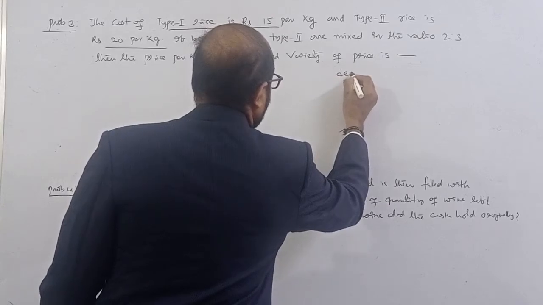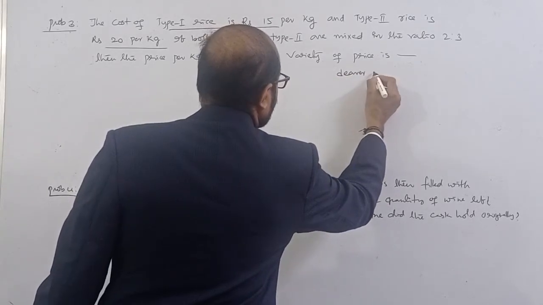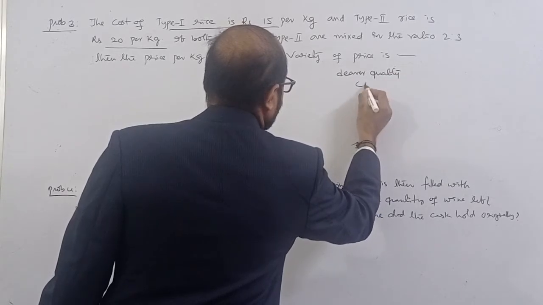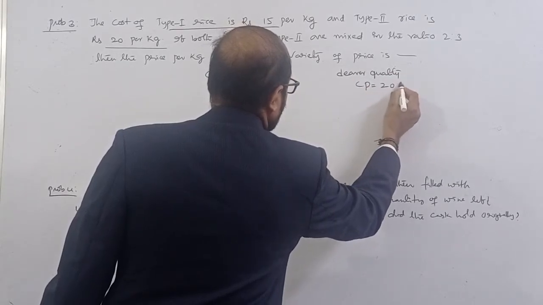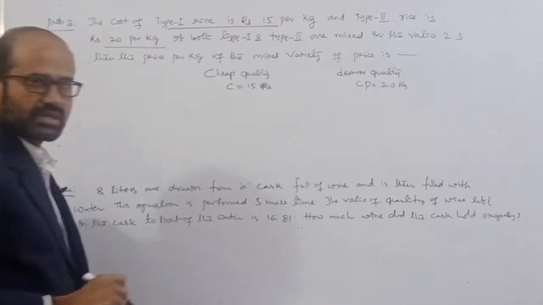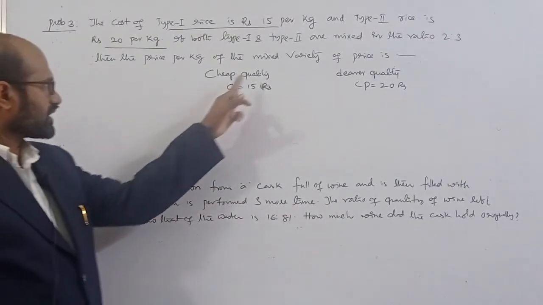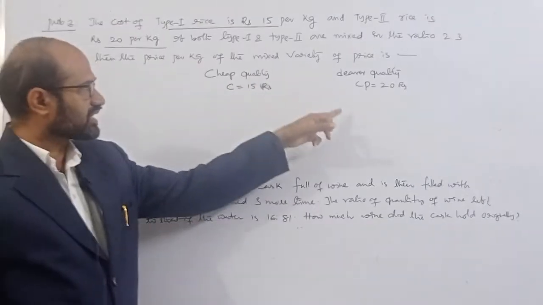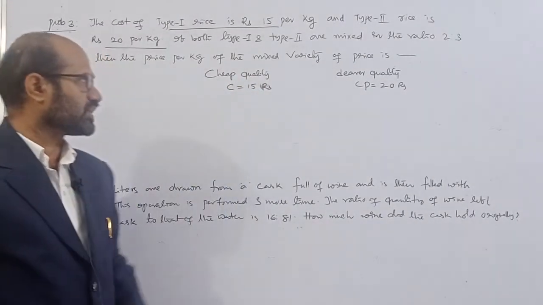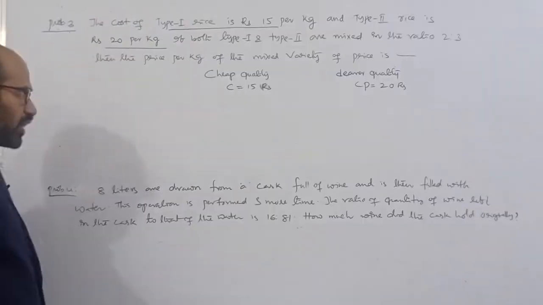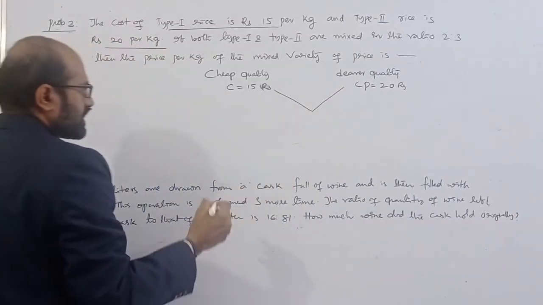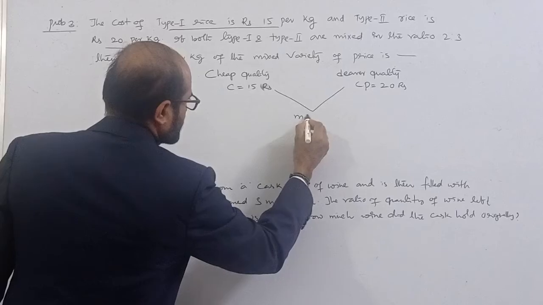Next, dearer quantity rice cost price is given as 20 rupees, right? Cheap quantity rice cost price is 15 rupees and dearer quantity rice cost price is 20 rupees. Now if we mix these two, then we will get the mean price.